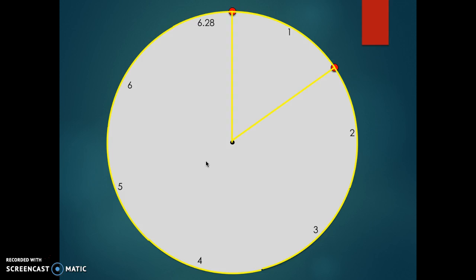And this is just a fact about circles, that the radius of a circle can fit around the circle 6.28 times, or fit around half the circle 3.14 times. And this is actually where we get the value for pi, just from this relationship.